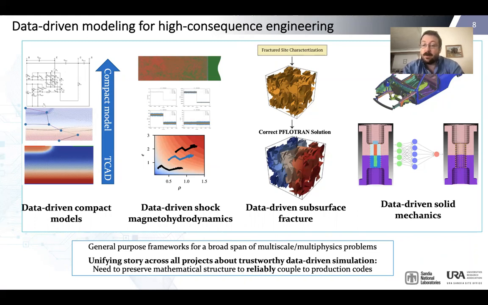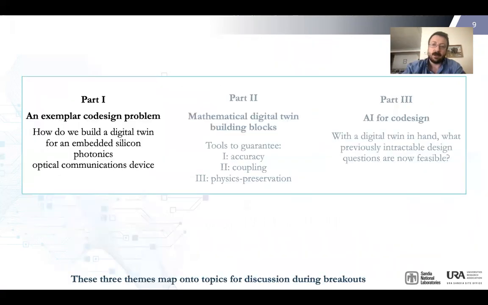You need to know that they're not going to go wrong just because you've trained them in not quite the right way, all those sorts of details, right? And so the idea is we'd like to take the mathematical structure that you use to traditionally design forward modeling and simulation capabilities and work that into machine learning.